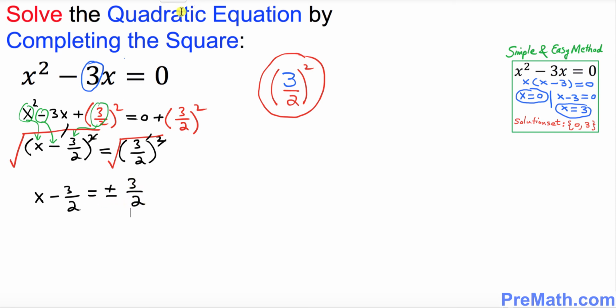The next step, I want you to move this negative 3 over 2 to the right hand side. Since we want to isolate x, x equals, when you move negative 3 over 2 to the other side, positive 3 over 2, and then positive or negative 3 over 2.